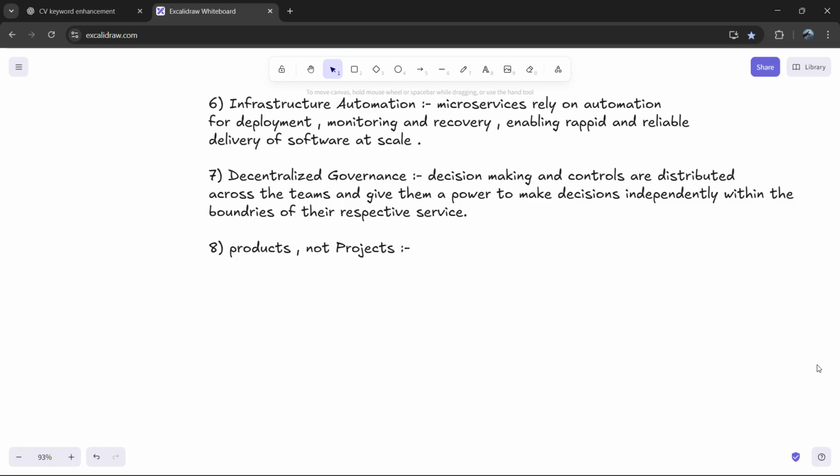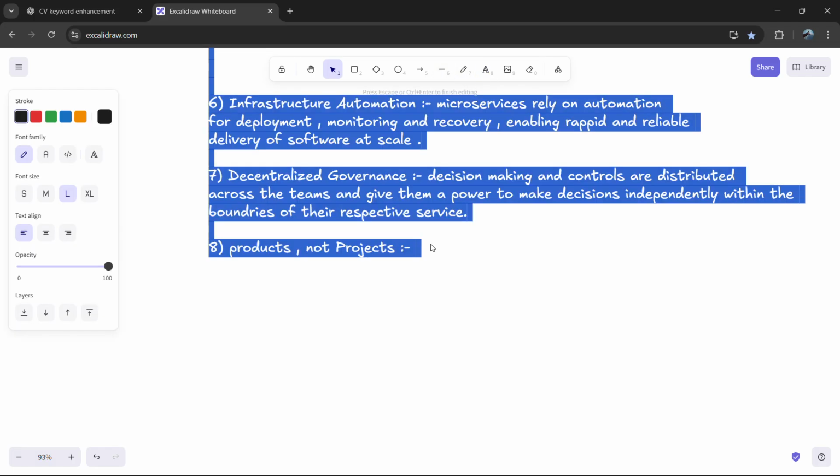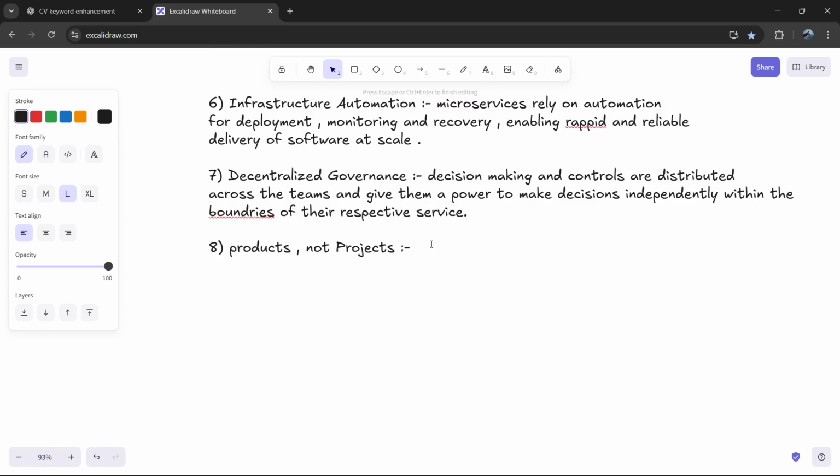Suppose you created a project. The project will be maintained after the delivery. You cannot treat it like you created it, and after delivery your work is done. No, it is not good. If you want to make your project a product, then you have to maintain it after delivery also. It is a long-term asset, not a short-term asset.